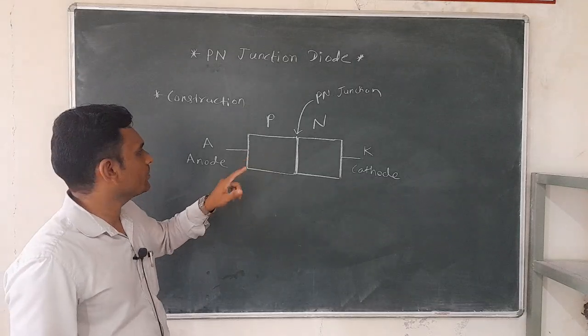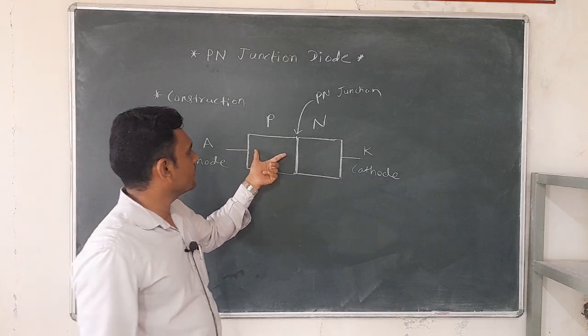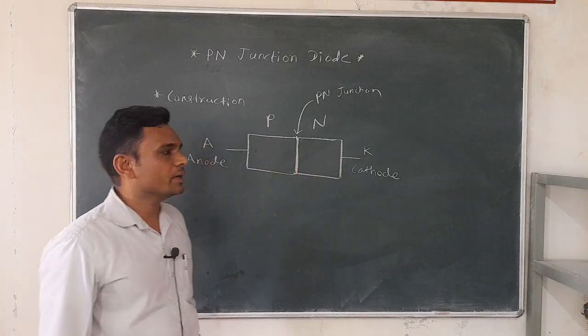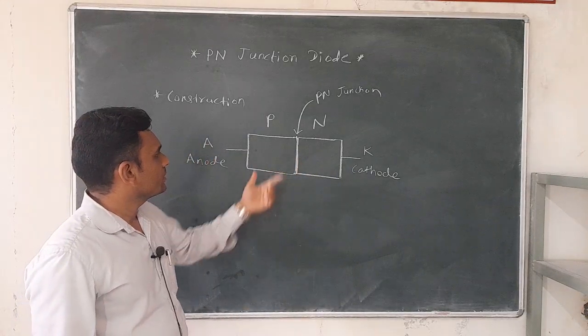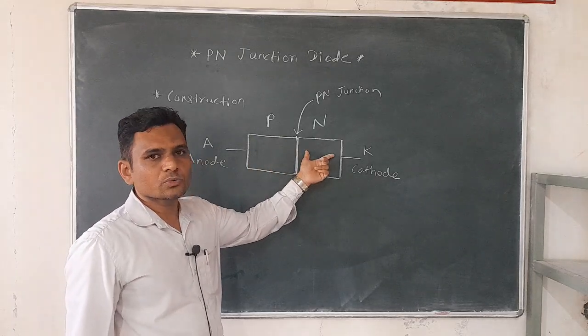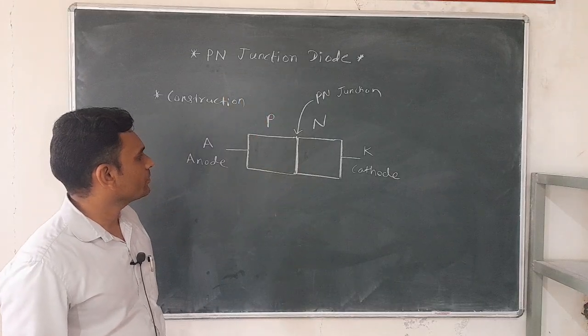It shows that on one side P type semiconductor is present and on the other side N type semiconductor. So when P type semiconductor is joined to N type semiconductor, a PN junction diode is formed.